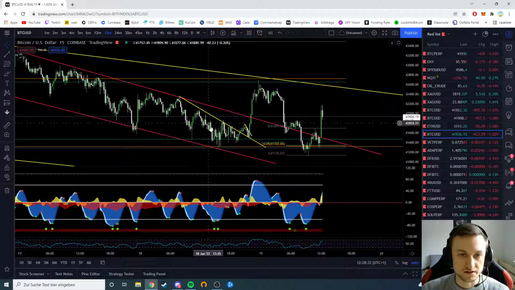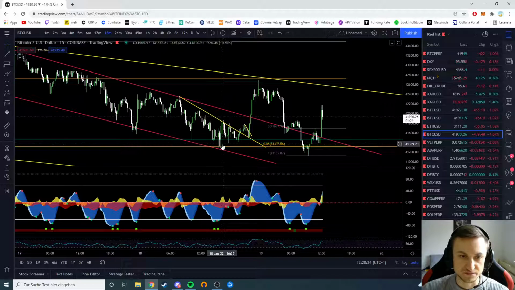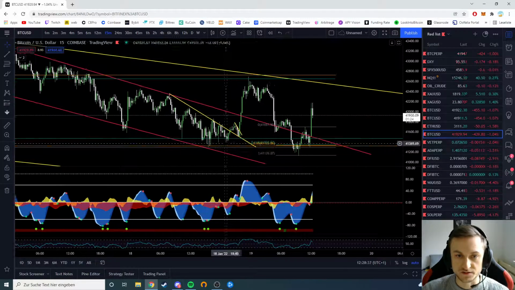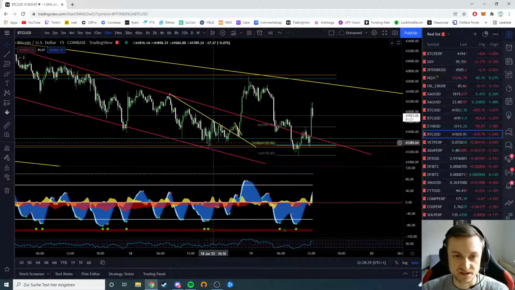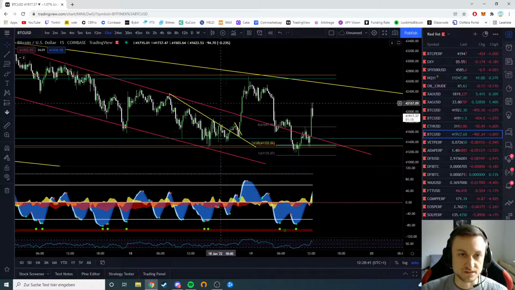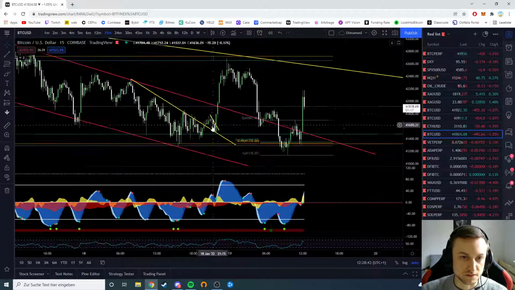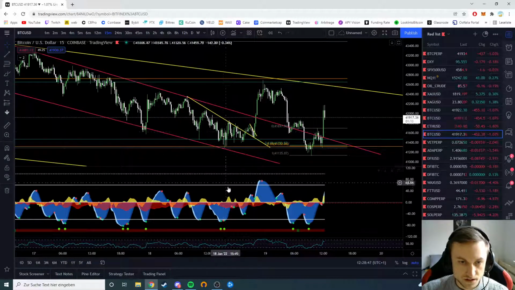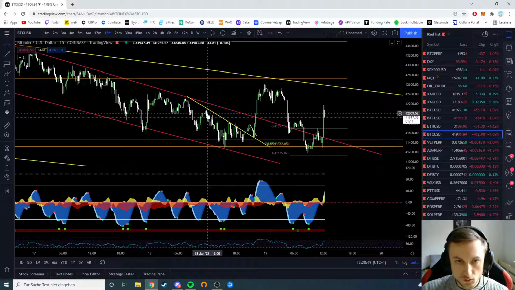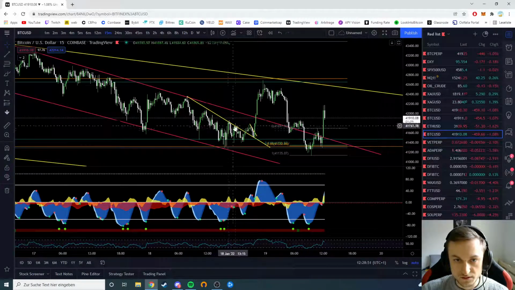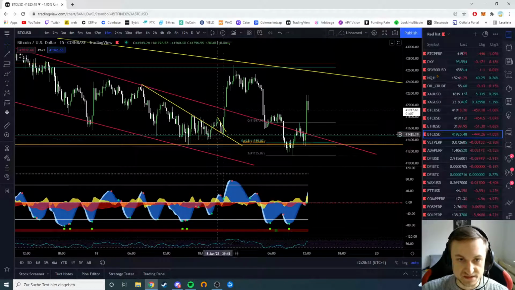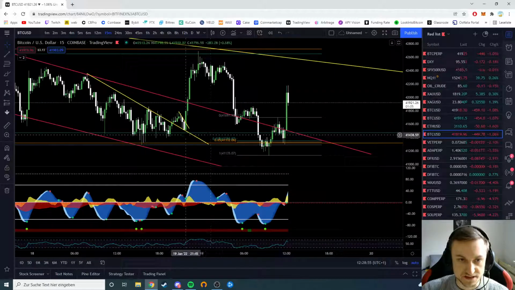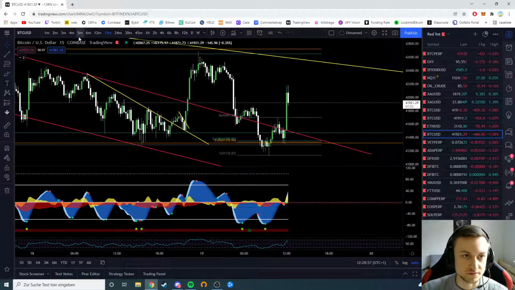I can only learn from this situation to be more patient and to not go into too large of a position until there are confirmations, because the confirmations were basically there when we made this lower low, consolidated, broke this trend line, and retested this trend line as support. There you had your confirmation.